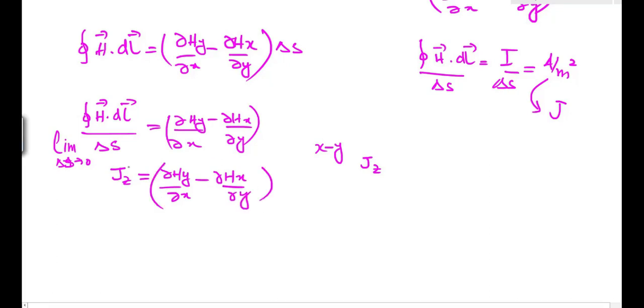And precisely, if we represent this as a vector quantity, then this is the magnitude of the current density in the z direction, because we have said that we have the path in the xy plane and the current passing through this surface is along the z direction.